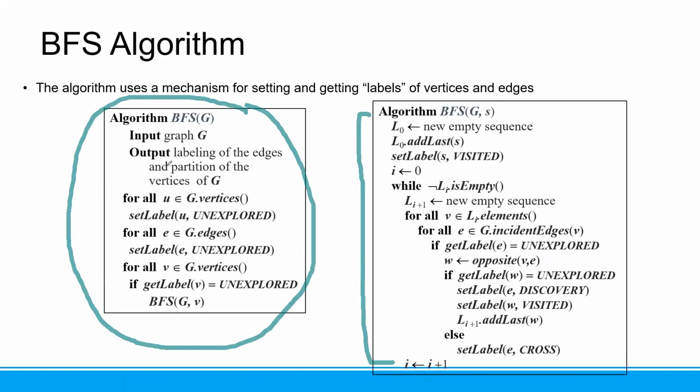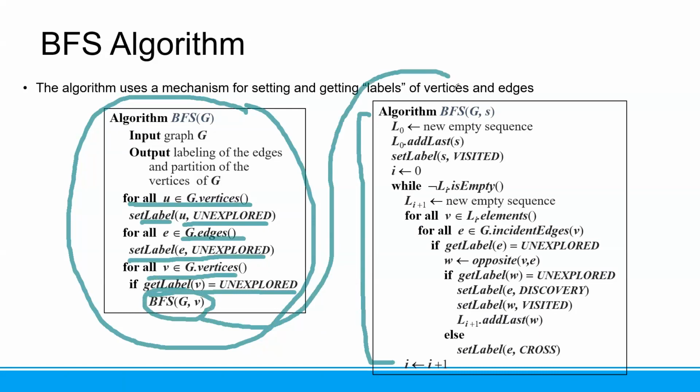We are going to set the label for all u in the vertices to unexplored, and for all the edges, we set the label to unexplored. And then for every vertex, if the label is unexplored, then do this. This algorithm is this one.